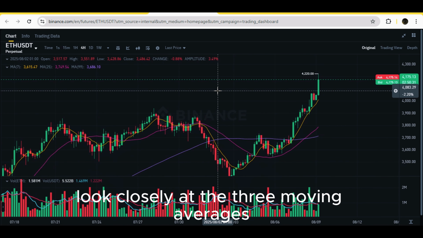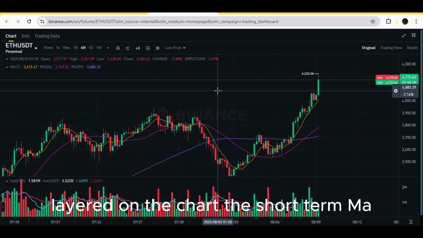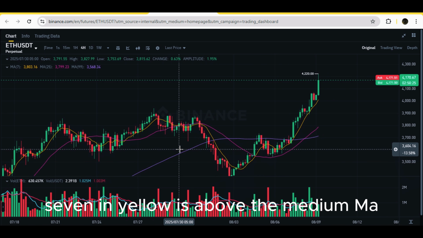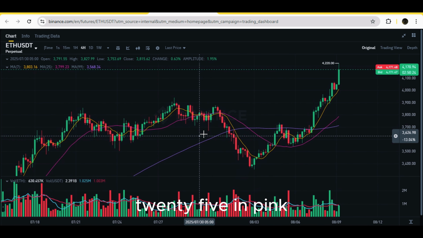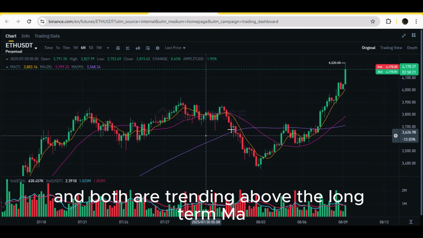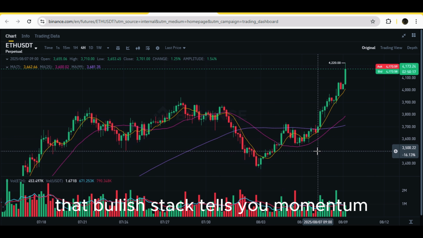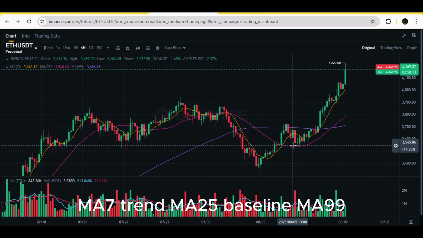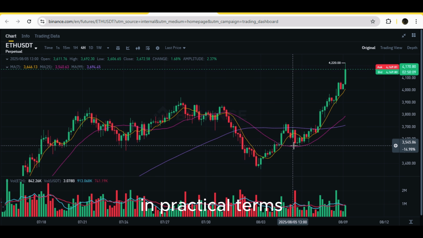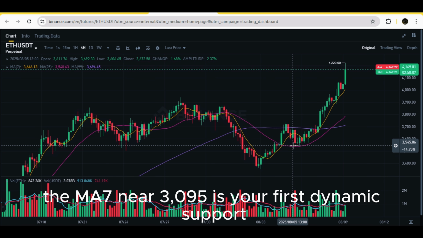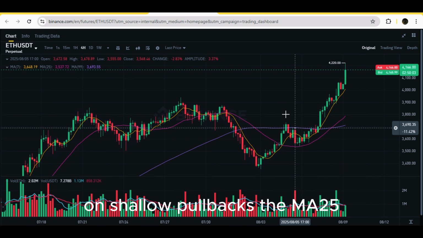Look closely at the three moving averages layered on the chart. The short-term MA7 in yellow is above the medium MA25 in pink, and both are trending above the long-term MA99 in purple. That bullish stack tells you momentum MA7, trend MA25, baseline MA99. In practical terms, the MA7 near 3,095 is your first dynamic support on shallow pullbacks.